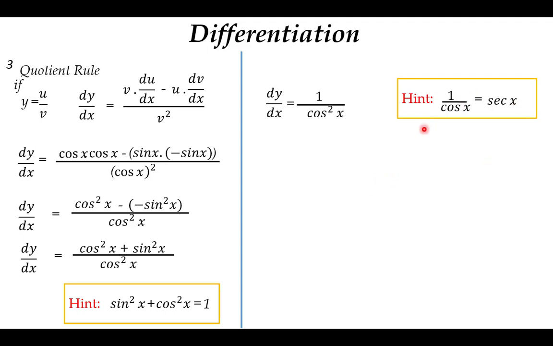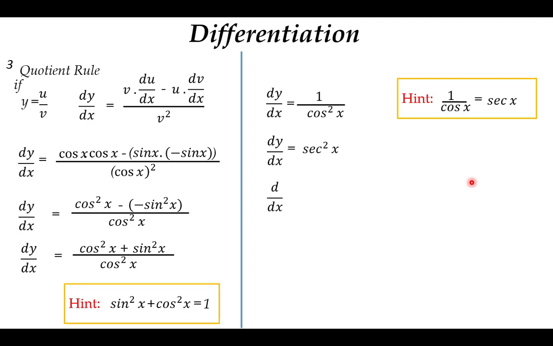But for our example, let us take note that 1 over cos x is equal to sec x. So dy/dx, which is equal to 1 over cos squared x, will be equal to sec squared x. So dy/dx is equal to sec squared x.